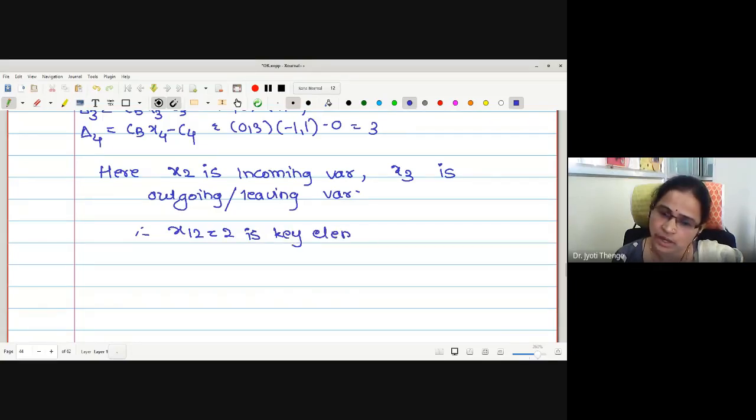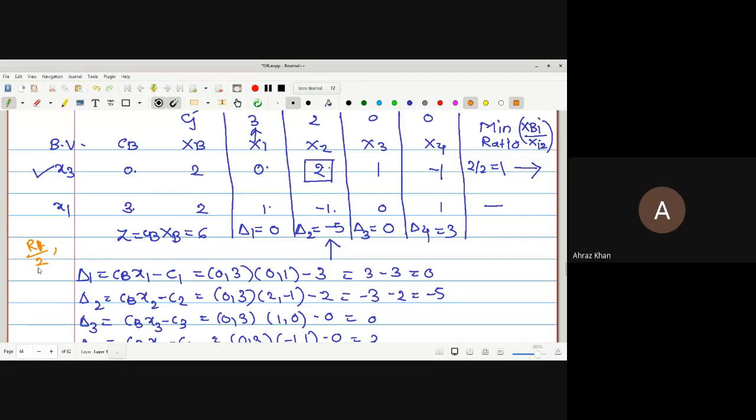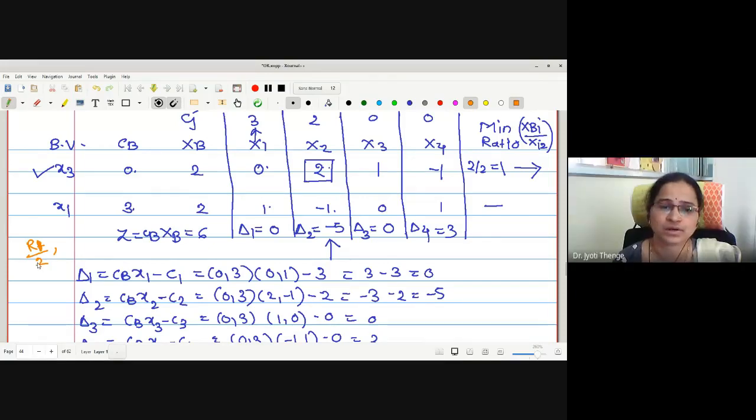Is key element. Now you have to tell me which row operation should I perform in order to convert key element to unity, remaining to zeros. Yes. First I have to go for R2 by 2. Correct na? Sorry, R1 by 2. Yes, ma'am. R1 by 2 na? This is R1 by 2.